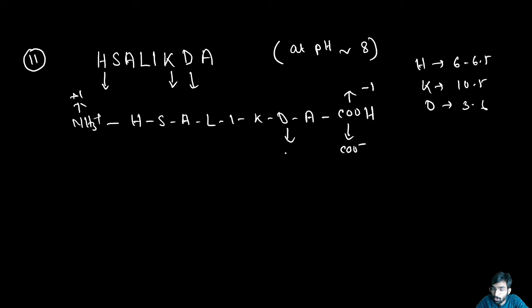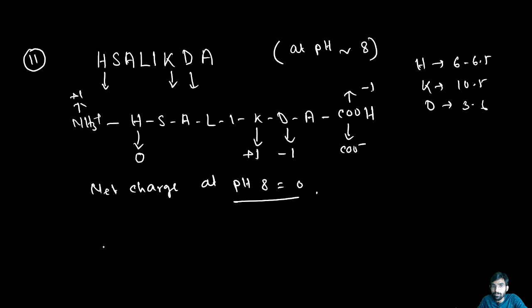So now this will show -1, right? Because the pH is already 8, and histidine has already released one proton, now it's in zero condition. Okay, the side chain already released the proton, now it's in zero condition. Now this is already in +1 condition. Now calculate the charge. +1 -1 0, +1 -1 0, that means +2 -2, that is 0. So net charge at pH 8 equals 0.